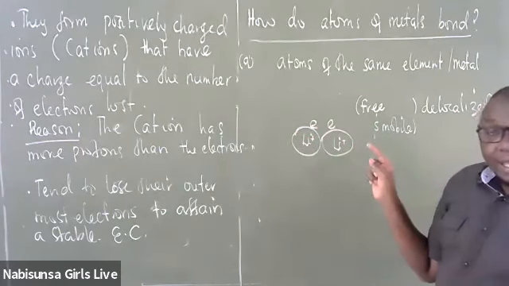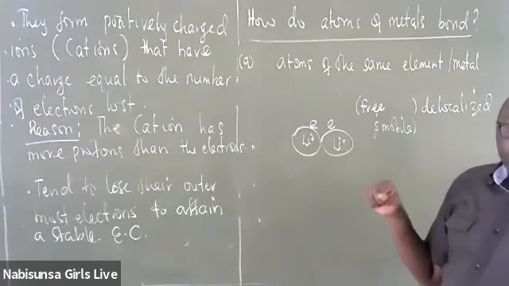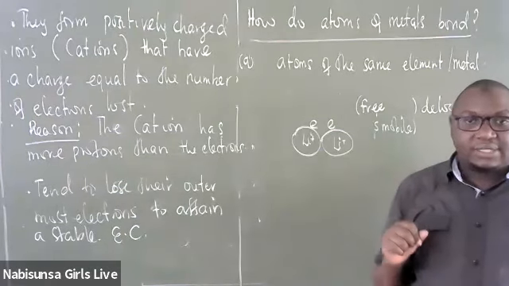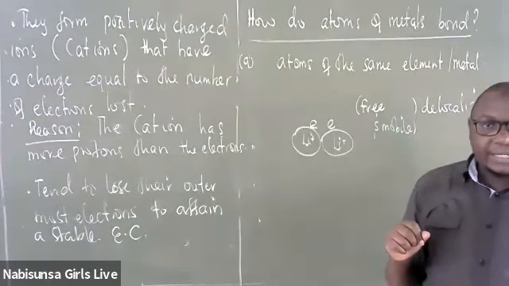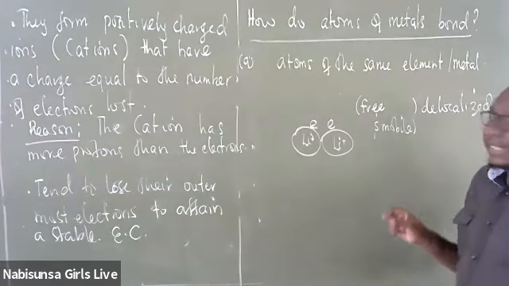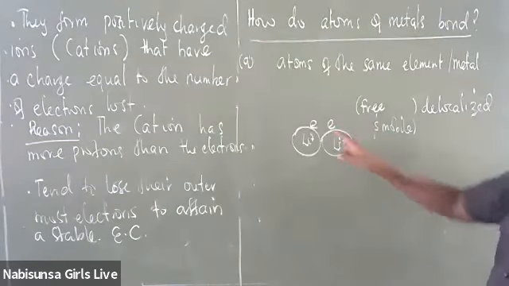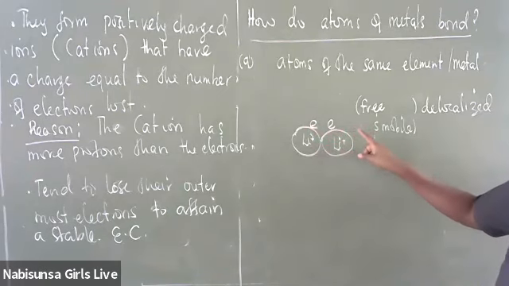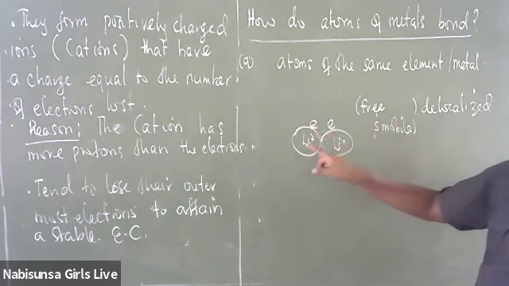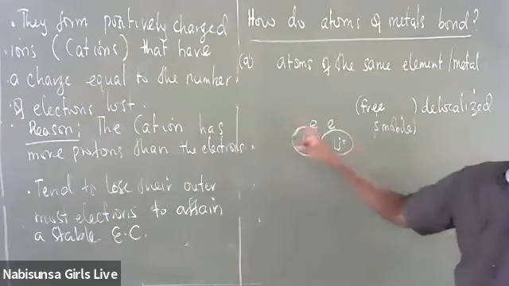And by the way, this is the major reason why metals conduct electricity. Why do metals conduct electricity? Electricity is always carried by these electrons moving along the surface. They enable the metal strip to carry electricity from one point to another.